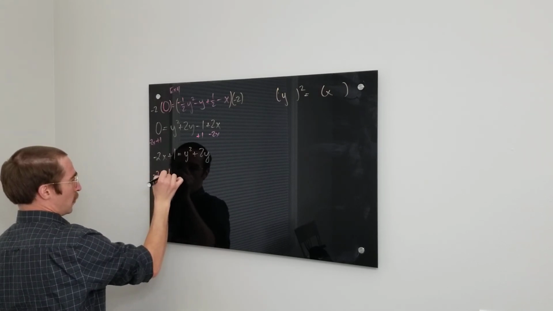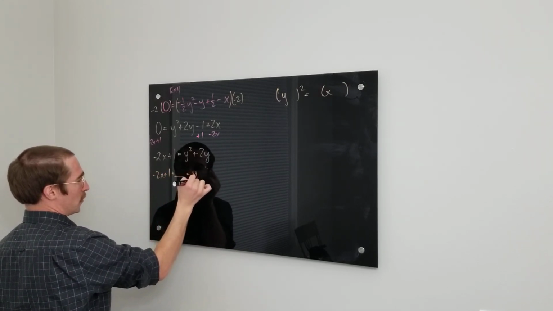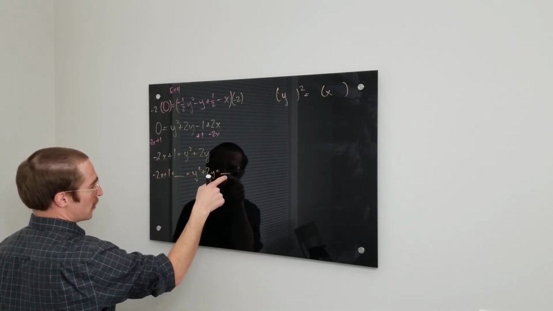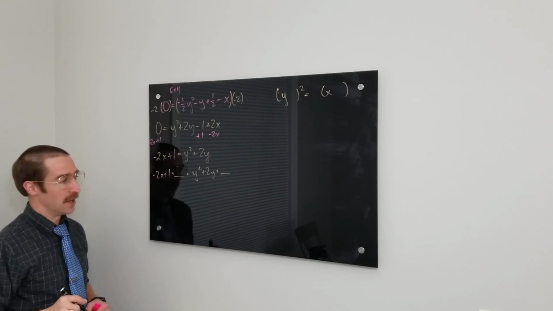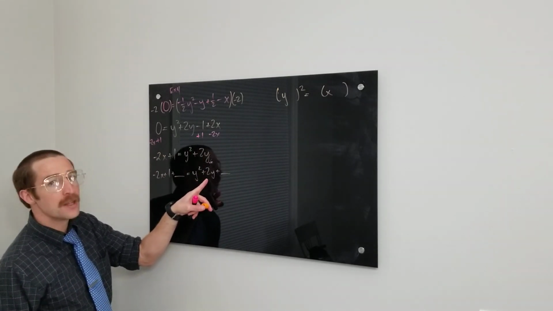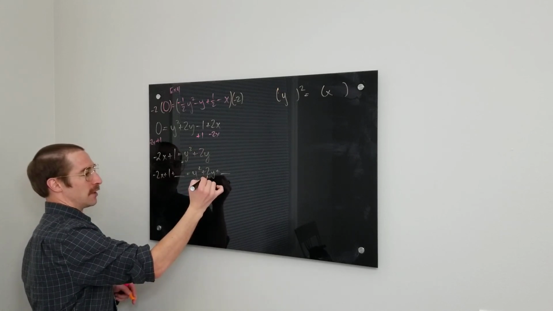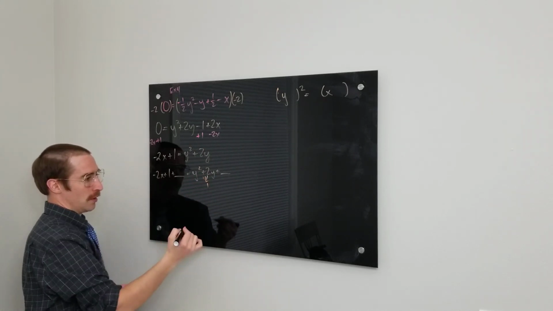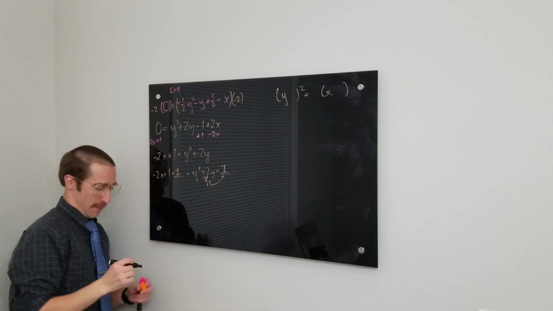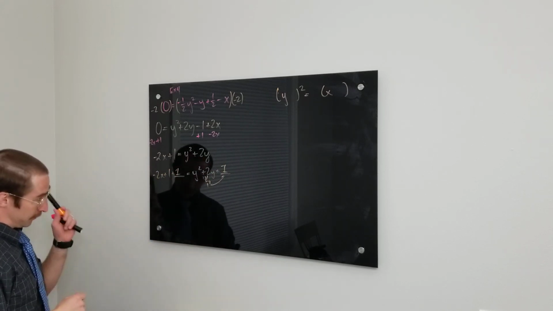-2x plus 1 plus blank equals y squared plus 2y plus blank. What number goes there to make that the perfect square? Well, we take this coefficient on the linear term, the b value, we divide it by 2, we get a 1, we square the 1, and that's our magic number that we add to each side.